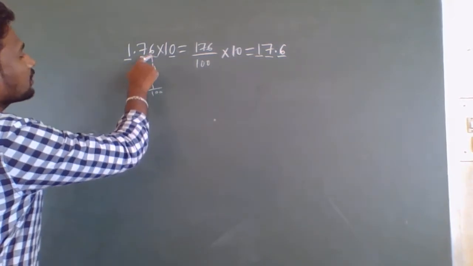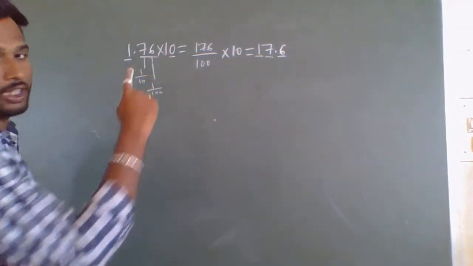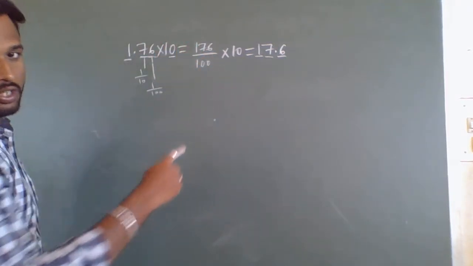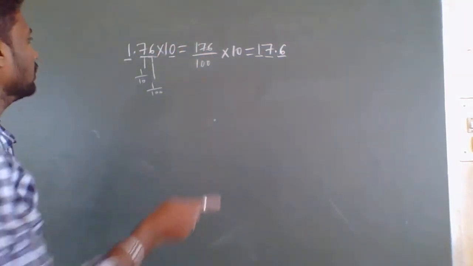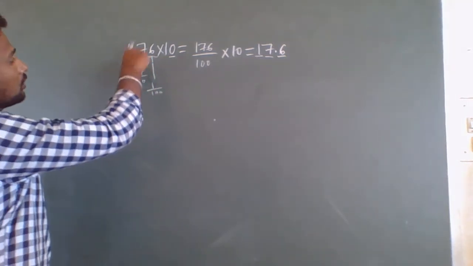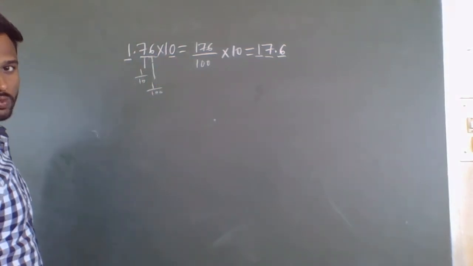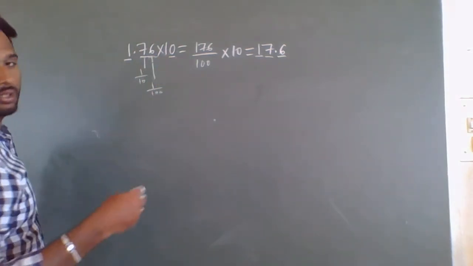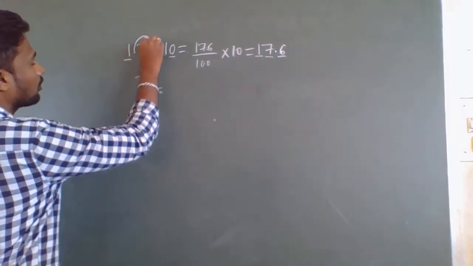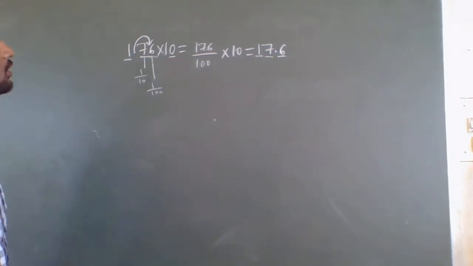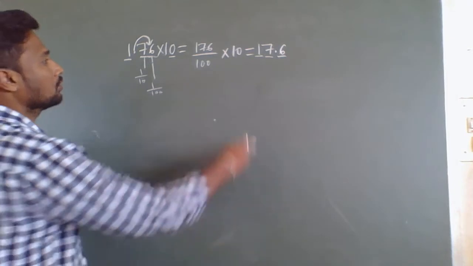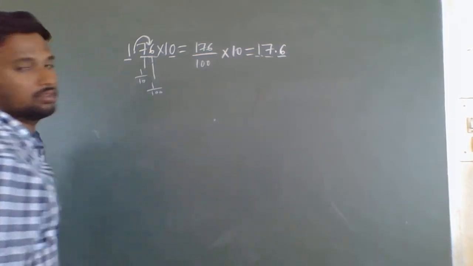So when you multiply 1.76 into 10, because one zero is there, we will move the decimal point one digit towards the right side. Then after 7 we will get the decimal point. So we get 17.6.